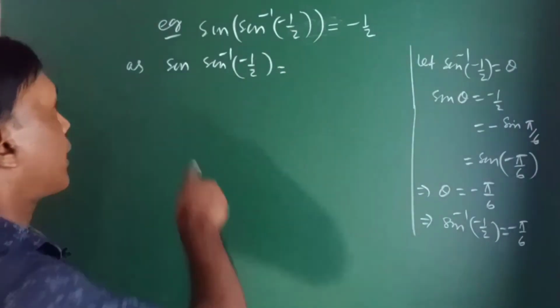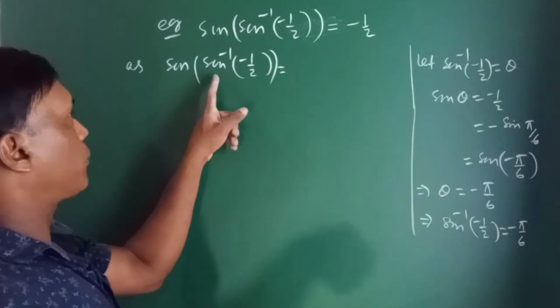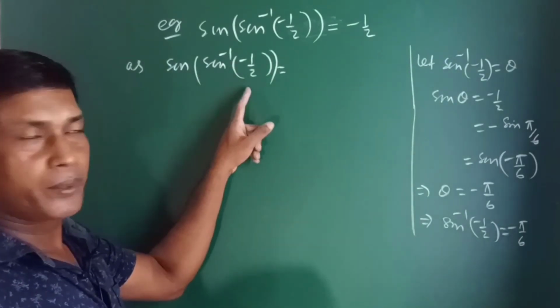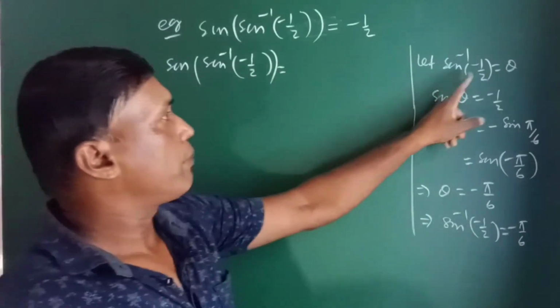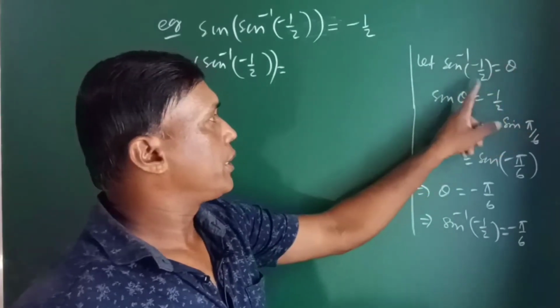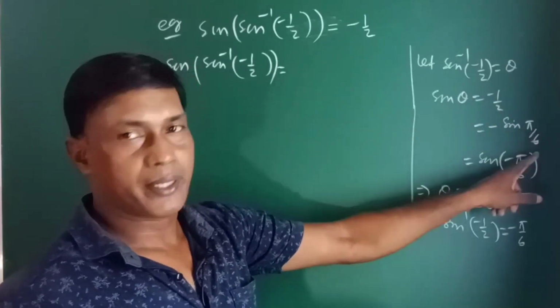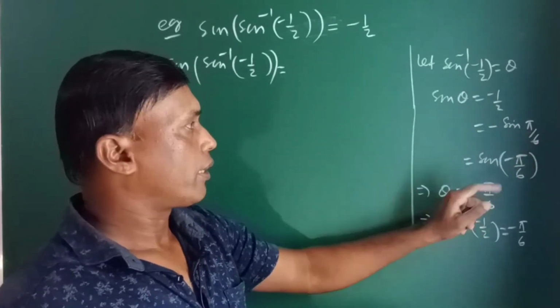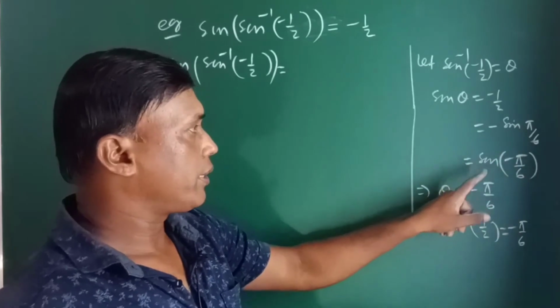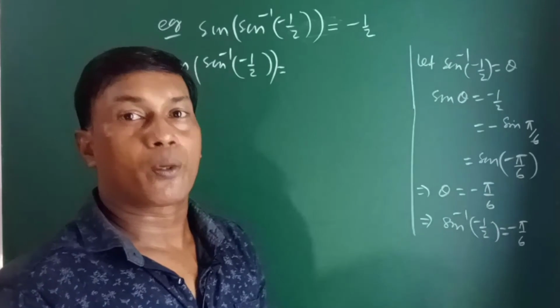First we have to find the value of sine inverse minus 1 by 2. Let sine inverse minus 1 by 2 be equal to theta. Then sine theta is equal to minus 1 by 2. Now 1 by 2 is sine pi by 6, sorry, sine 30 degrees. And minus sine theta is sine minus theta because it's an odd function.